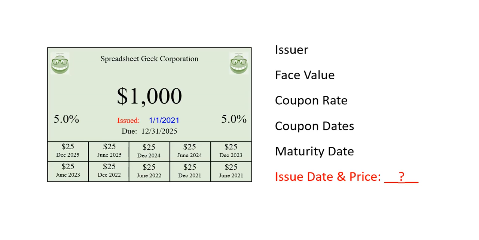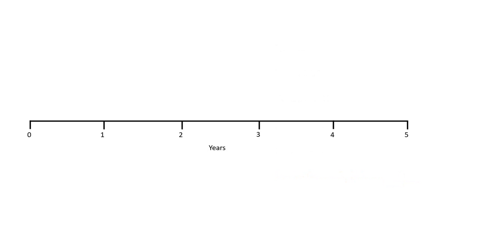Sometimes bonds are sold with fixed prices, and sometimes their prices are allowed to float freely in a bond auction. The issue price of a bond most often depends on the current interest rate environment and the credit quality of the issuer.